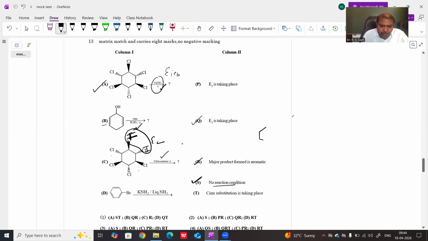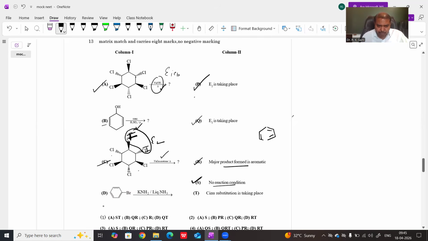All chlorines are replaced by I, and the vicinal diiodides undergo E2 elimination of I2. Therefore, the mechanism is E2 and the major product is also aromatic, so for C, P and R.